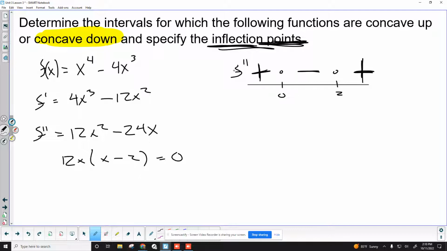A sign analysis of our second derivative tells us about our first derivative increasing or decreasing. But by thinking about it, if derivatives are increasing, we know that our function has to have a certain type of curvature, or what we now call concavity.